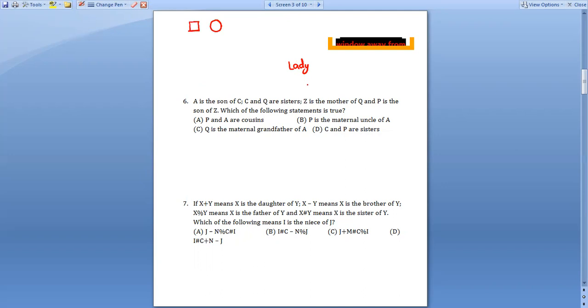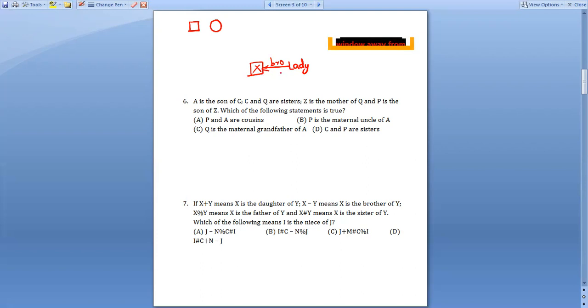Now a man said to a lady, the son of your only brother. He's saying this to the lady, the son of your only brother. So this lady has one and only brother. Let's name him as X. So this lady has no other siblings, according to the statement given by man.